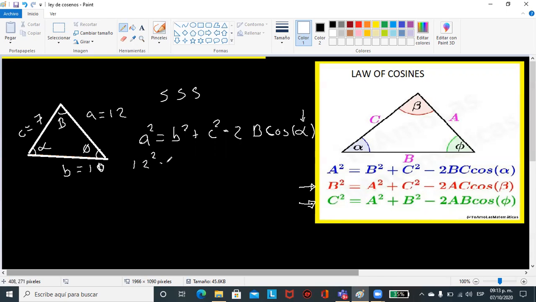So 12 squared is equal to B squared, B is 10, plus C squared, C is 7, minus 2 times B times C, where B is 10 and C is 7, times the cosine of alpha.